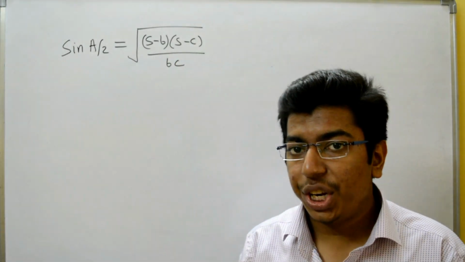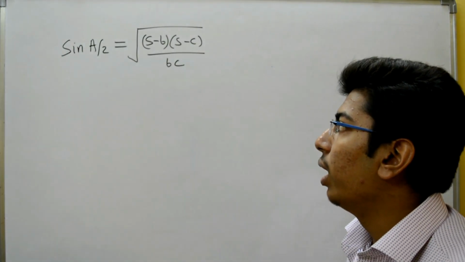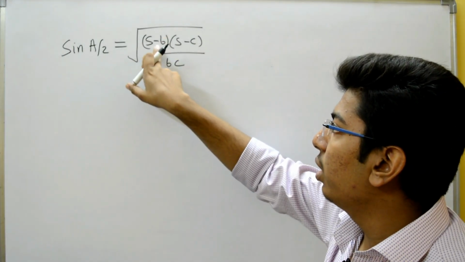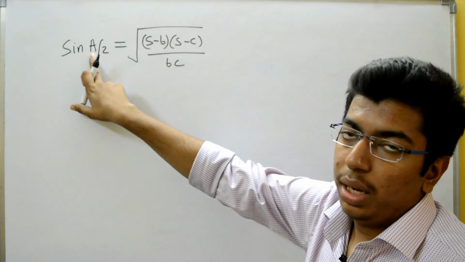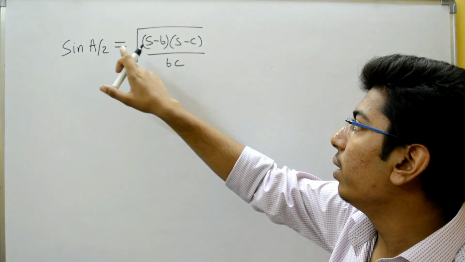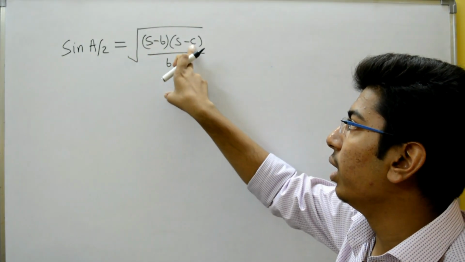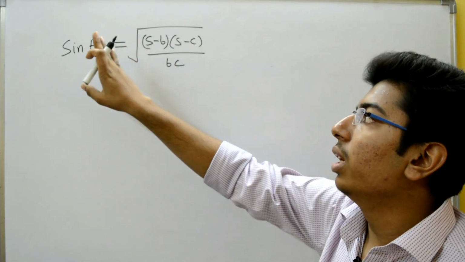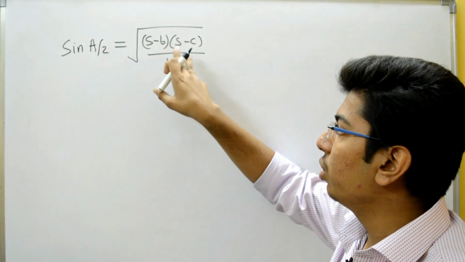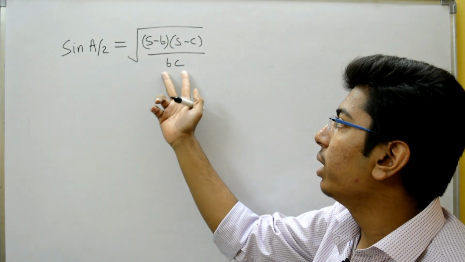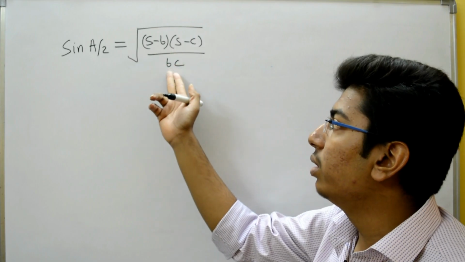Now here is a trick to remember this formula. The formula should not contain a. If here it is a, then this formula should not consist of a. If here it is b, then it should not consist of b. Here it is c, it should not consist of c. And the denominator is the product of these two.